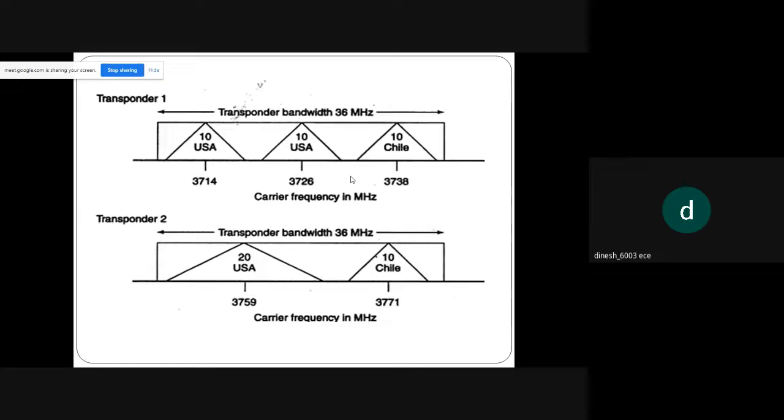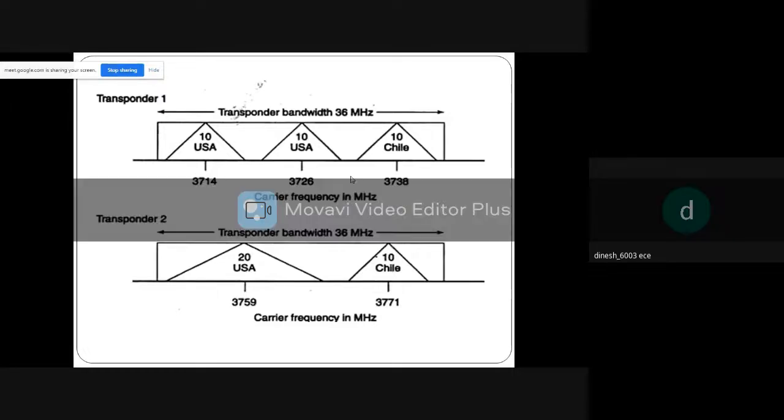For transponder 1, 10 for USA, 10 for USA and 10 for Chile, a 3714 megahertz carrier frequency was being used.